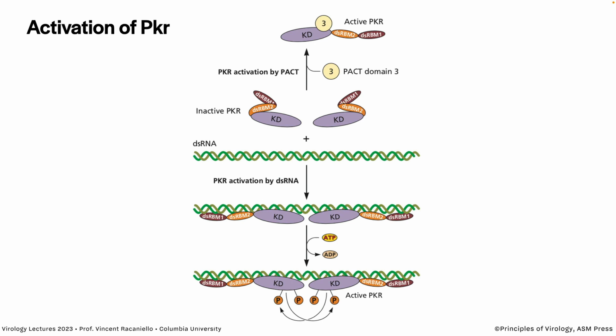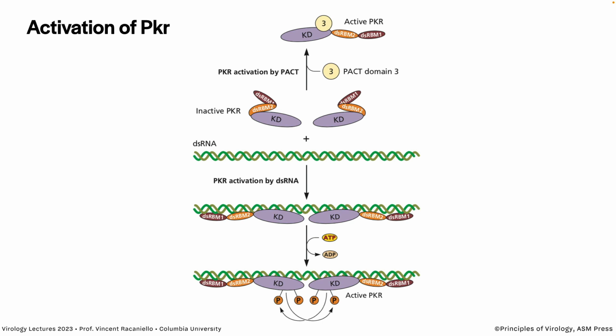The double-stranded RNA activates the kinase. It's called PKR, protein kinase RNA activated. As it's first made, it is inactive. It is unable to phosphorylate anything. These molecules bind double-stranded RNA via their double-stranded RNA binding motifs. They then phosphorylate each other.